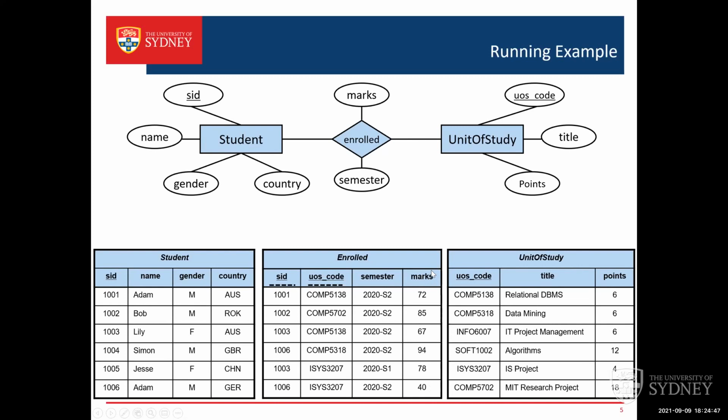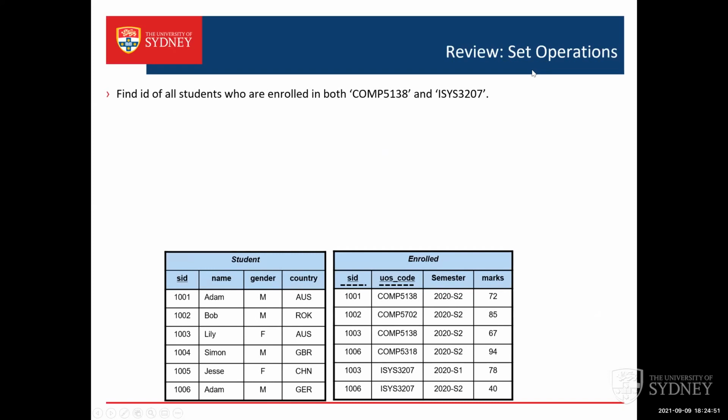That is the only change. This is what we have just seen: find the ID of all students who are enrolled in both Comp5138 and, let's say, another unit. How do we write it? Definitely learn this one, that we have to use intersect.